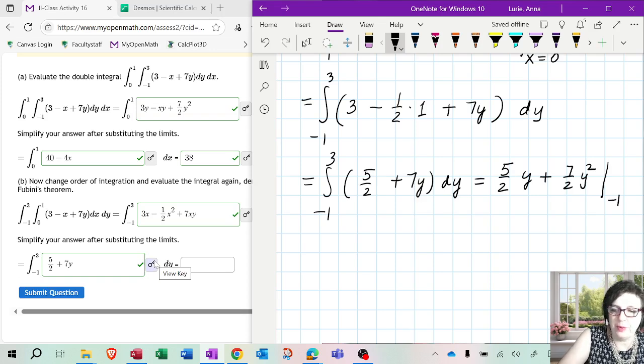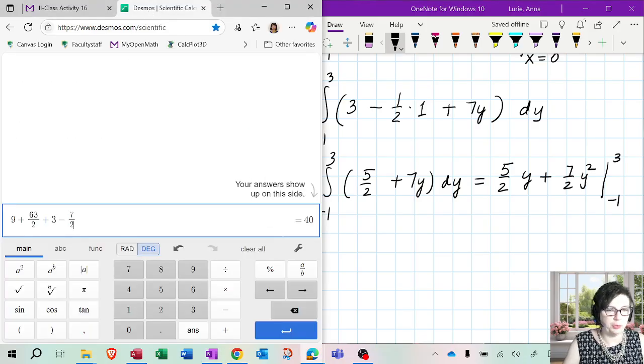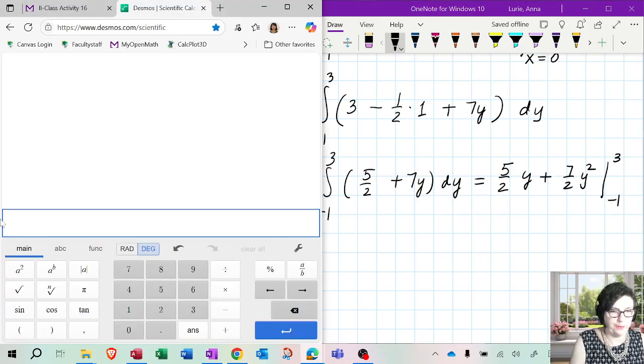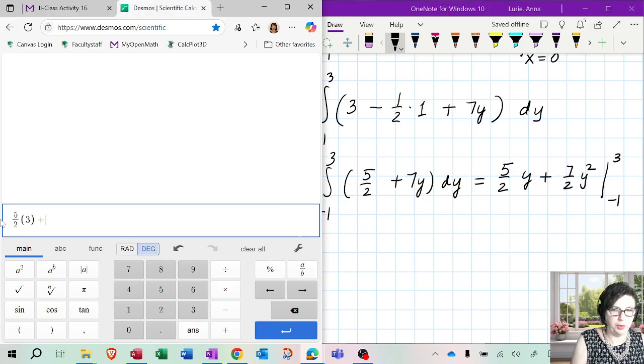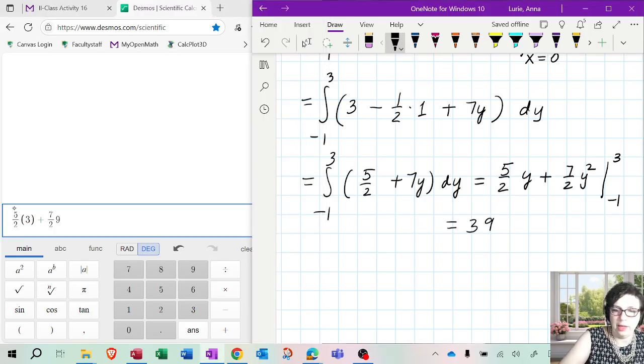Now here we substitute, and we're definitely going to use a calculator. So let's plug in the top first. So I've got 5/2 multiplied by 3 plus 7/2 multiplied by 3 squared, which is 9. Okay, so that gives me 39. And then I'm going to subtract the value that I get if I plug in -1 there.